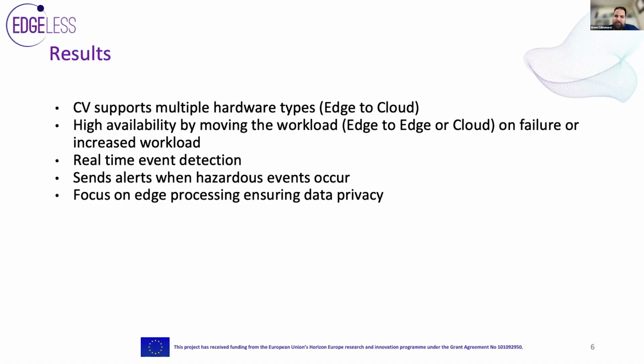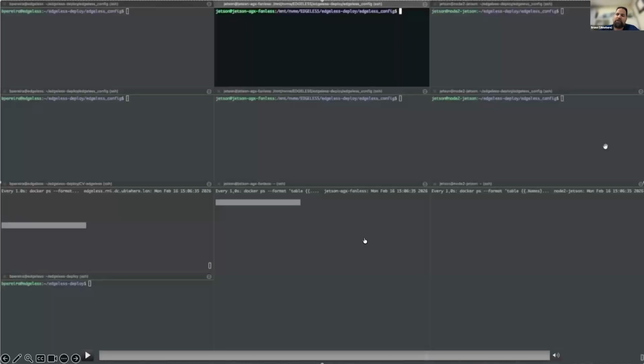So I have a very short video here, just to show mostly the orchestration and how we were deploying. So very quickly, I have a master node here where I start Edgeless, and then I added two Jetsons to the system.